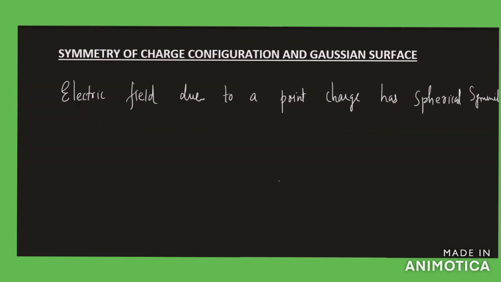Now let's consider a point charge. This is the source charge, the charge which generates the electric field. So if we consider a spherical surface with the source charge plus q or minus q at the center, the source charge being a point charge here, then at every point on the surface of the sphere, the magnitude of the electric field will be the same.